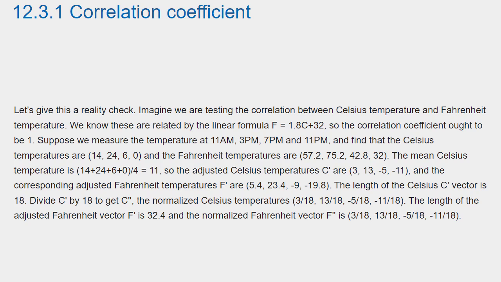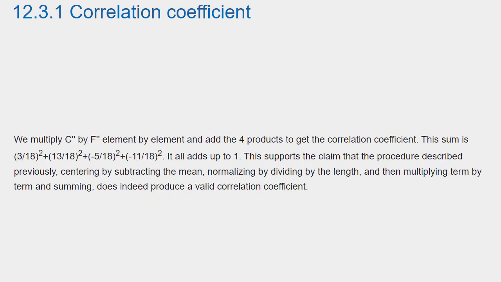Divide C prime by 18 to get C double prime, the normalized Celsius temperatures. 3 over 18, 13 over 18, minus 5 over 18, minus 11 over 18. The length of the adjusted Fahrenheit vector F prime is 32.4, and the normalized Fahrenheit vector F double prime is 3 over 18, 13 over 18, minus 5 over 18, minus 11 over 18.